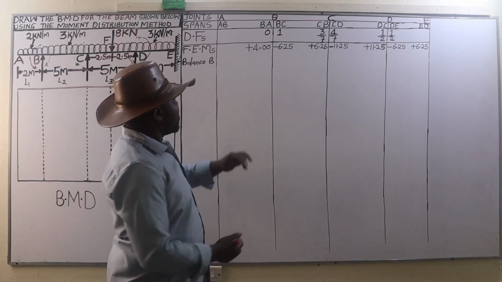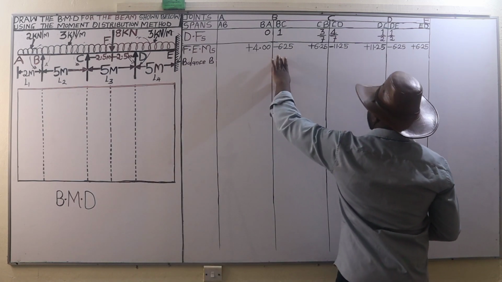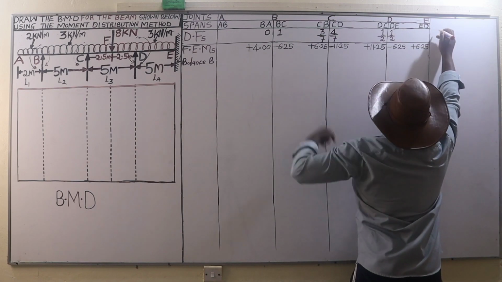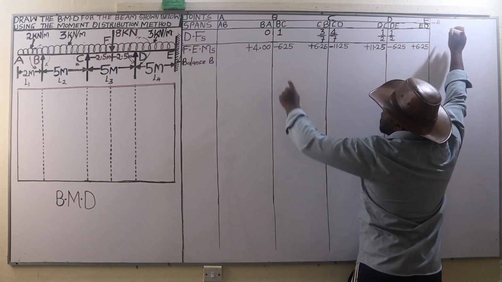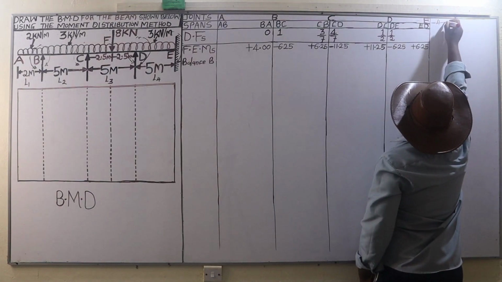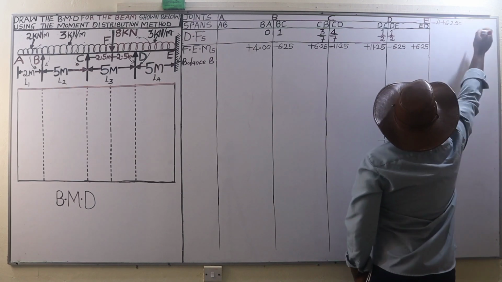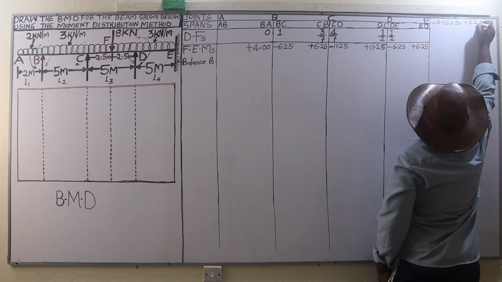And how do we balance? First of all, to get the excess moment, we are going to change signs. So positive 4 will change to negative 4, and negative 6.25 will change to positive 6.25. And that is going to give us positive 2.25.